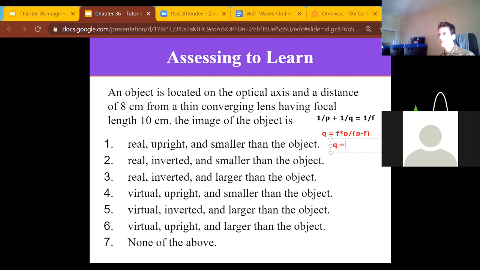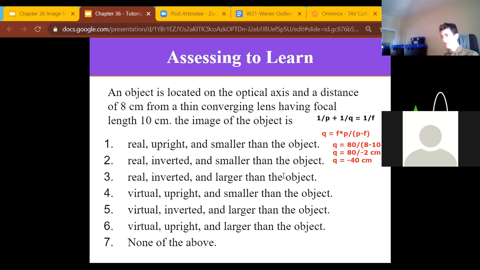Both F and P are positive in this case, right? So you've got 80 centimeters divided by 8 minus 10. And Q is equal to 80 divided by negative 2 centimeters. Q is equal to negative 40 centimeters.